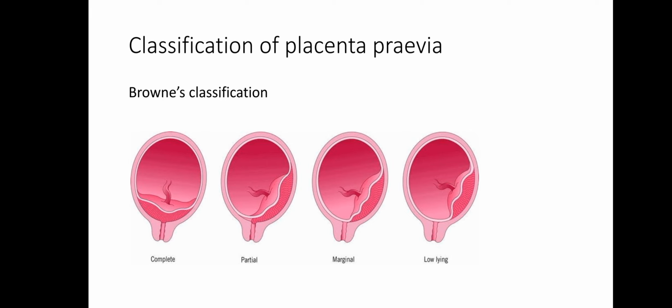So type 2A is anterior. The placenta is marginal, but it's anterior. It's towards the abdomen of the mother. Type 2B is posterior. The placenta is towards the back of the mother. So type 1 and type 2A are minor degree placenta previas. And then type 2B, type 3, which is the partial, and type 4, which is the complete, are major degrees of placenta previa.